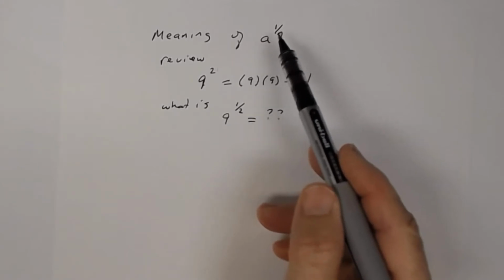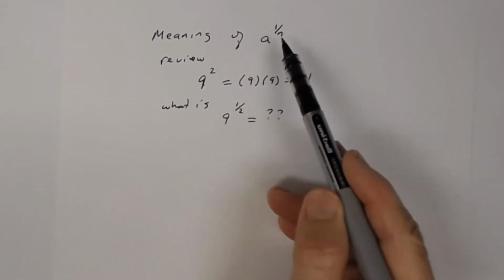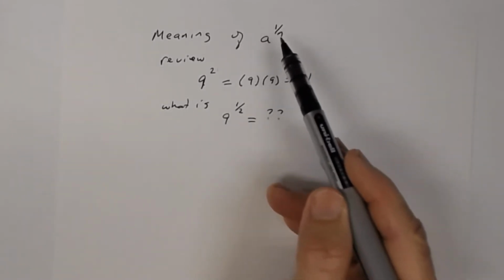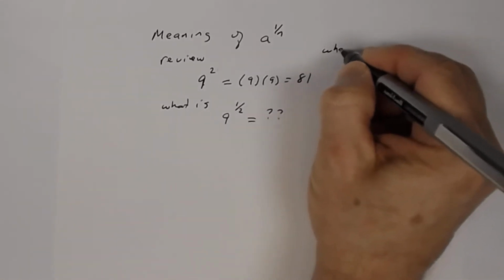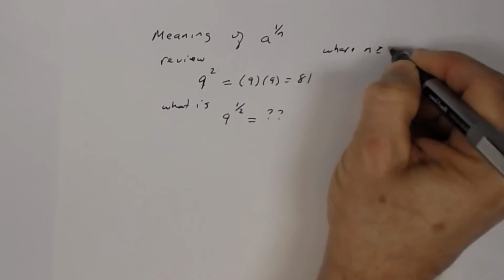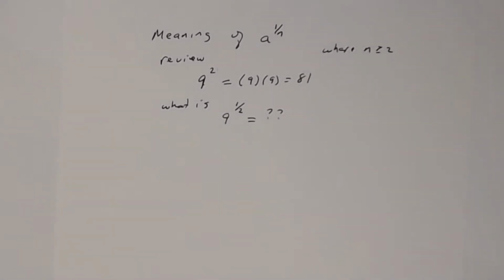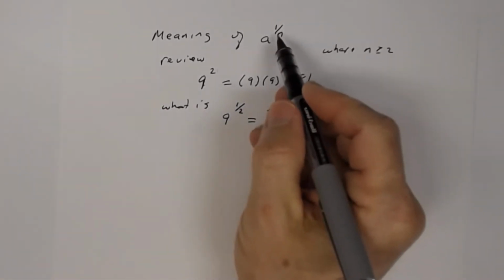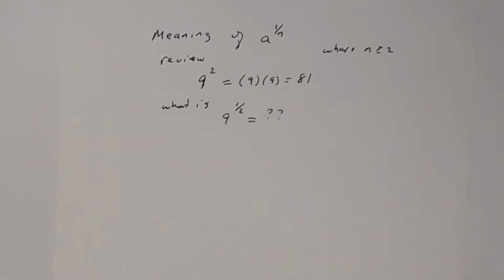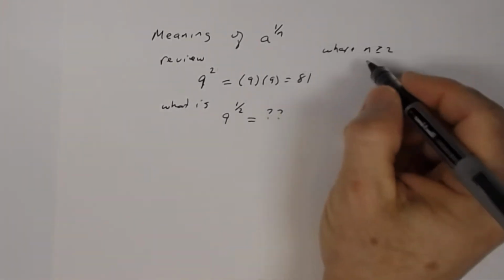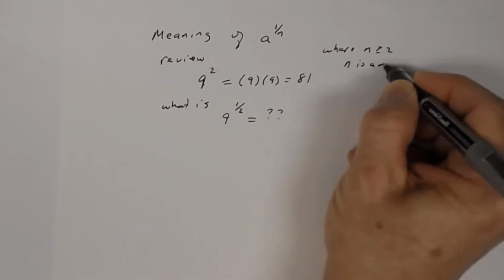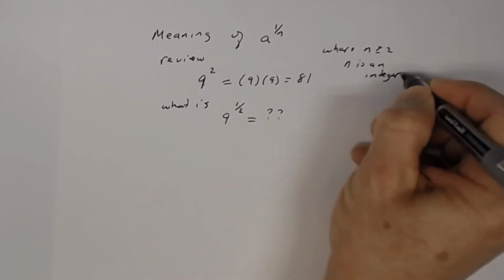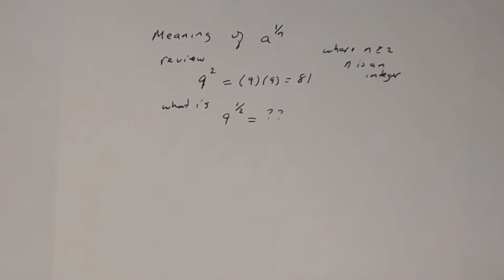What does it mean to have an exponent that's 1 divided by n, where n is greater than or equal to 2? So n is a number that could be 2, 3, 4, 5, or something like that. So n is an integer. Remember, make sure n is an integer greater than or equal to 2. Okay?